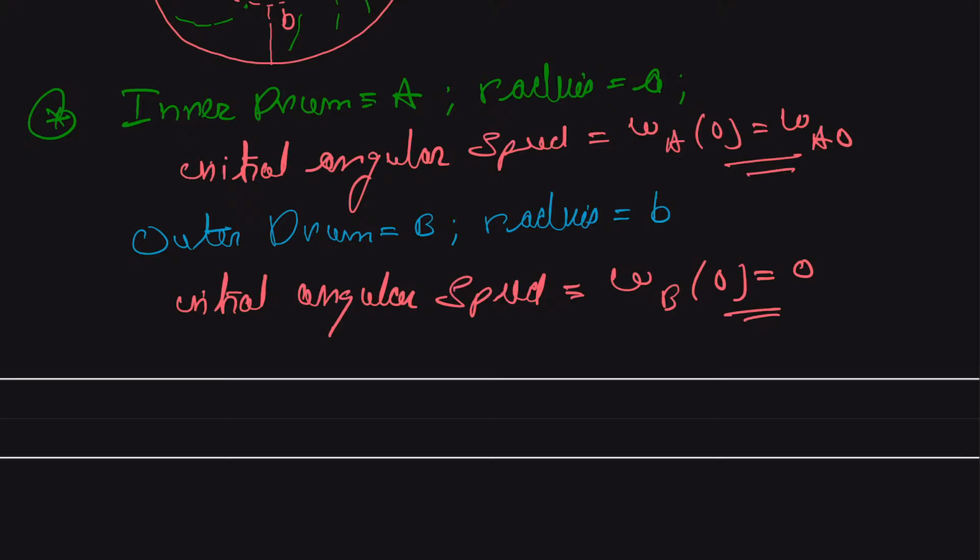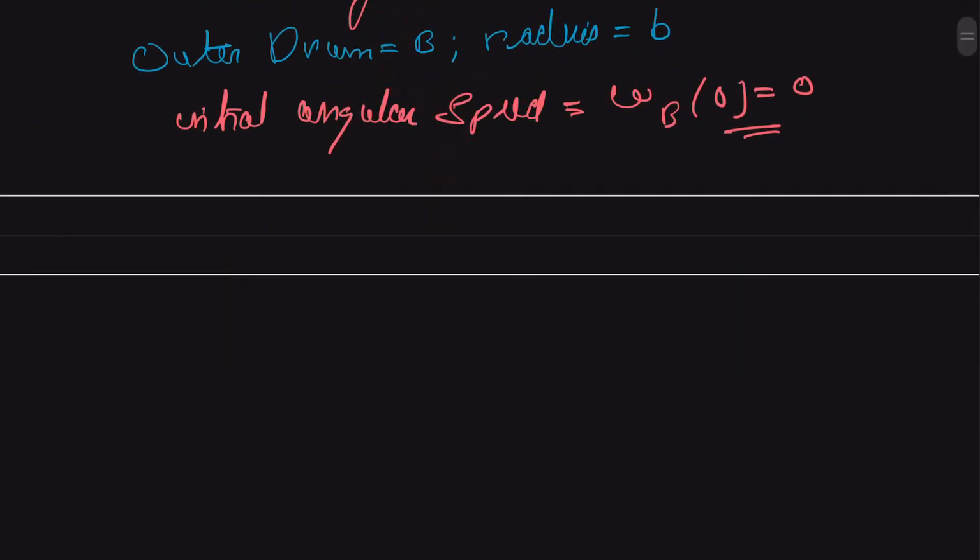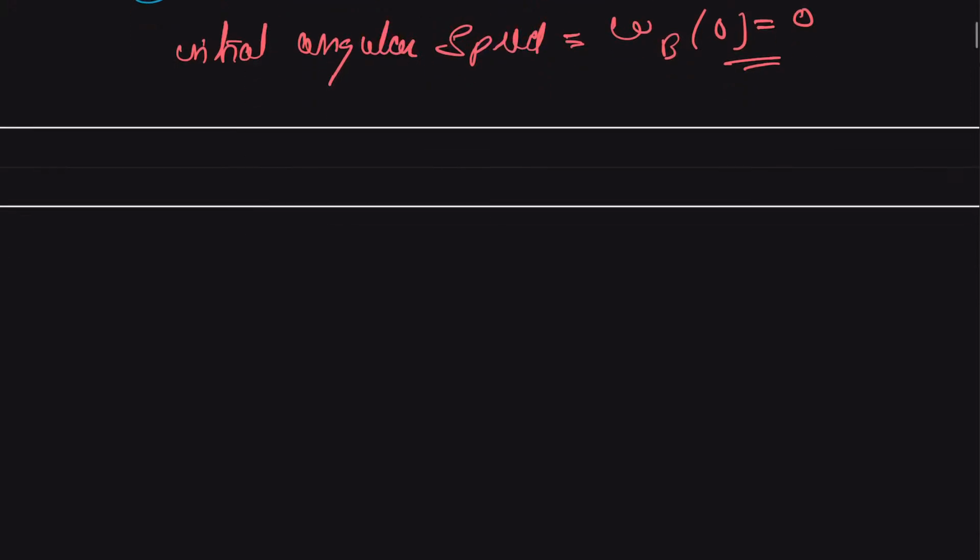And then we have the sand. So we are given that the initial mass of the sand on A is given as ms.